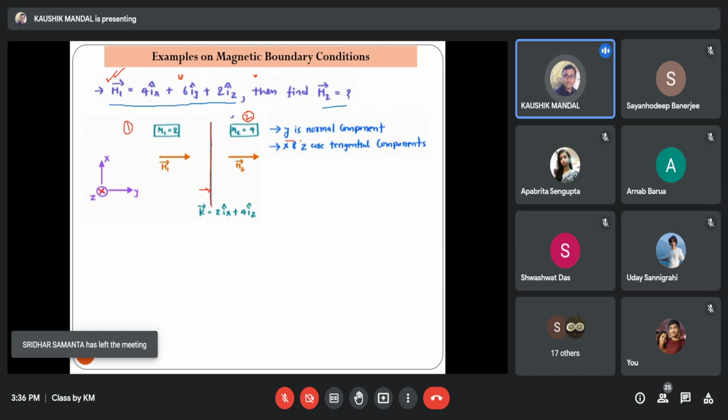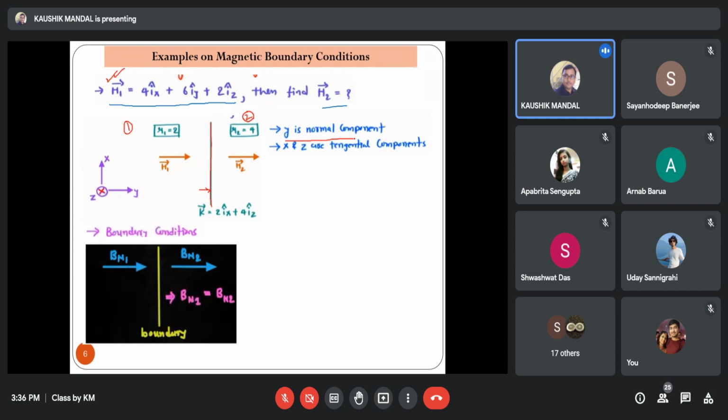Now the normal component is along the y-axis, so first we will determine it. As per our previous discussion about the boundary conditions, Bn1 equal to Bn2, which means mu1 into Hn1 equals mu2 into Hn2.